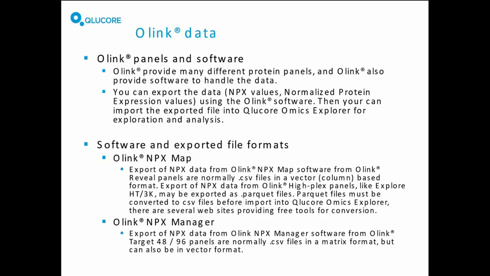There is also software called Olink NPX Manager that can handle Target 48 and Target 96 Olink panels and export data in CSV files, normally in a matrix format, but it can also be in a vector format. We'll have a look at a matrix format synthetic file and a vector file from NPX Map that is also going to be used for analysis.